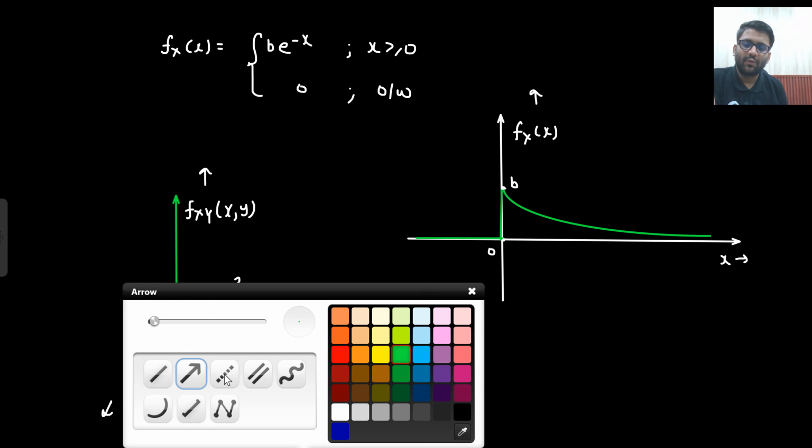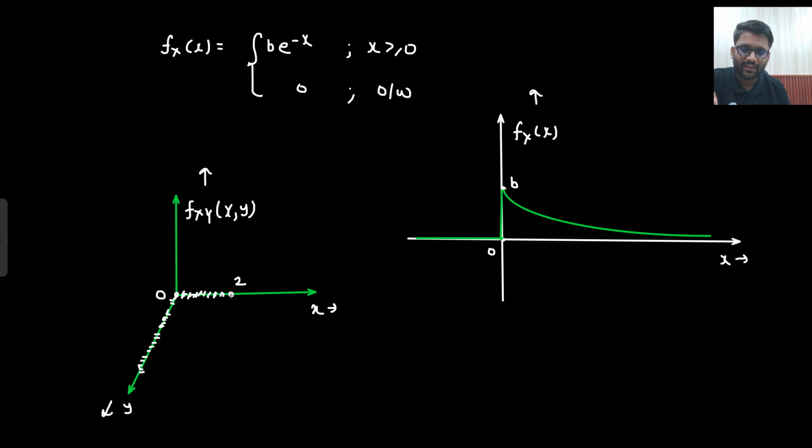So what is our matter of concern? What is our region of operation? Our region of operation is this much: x from 0 to 2, y from 0 to infinity. Say yes or no, do you agree to this point?